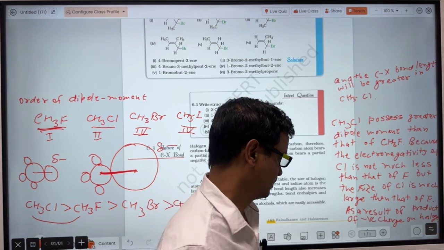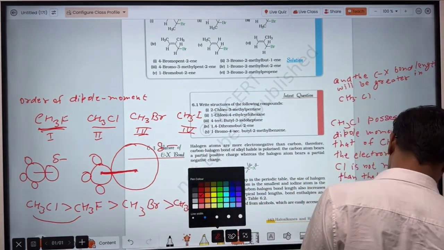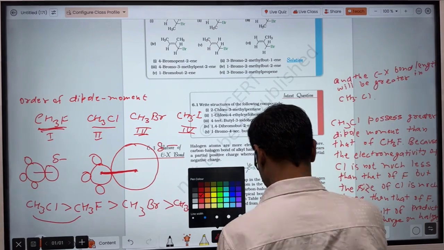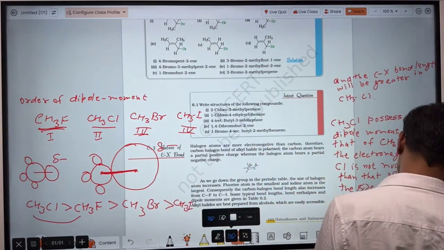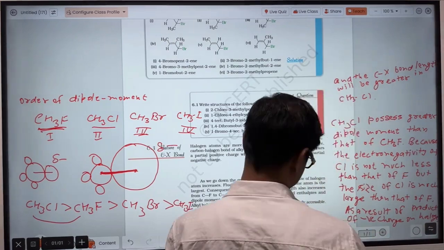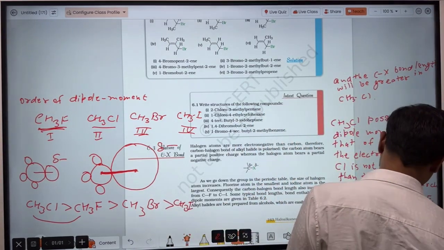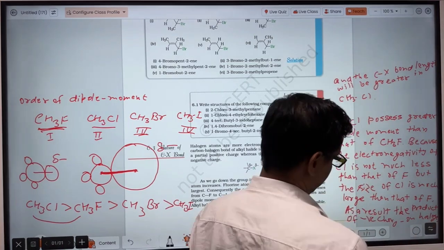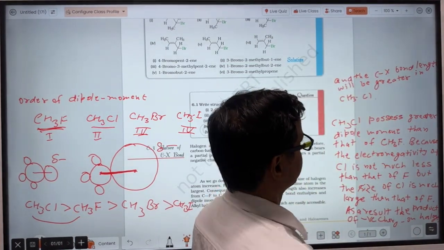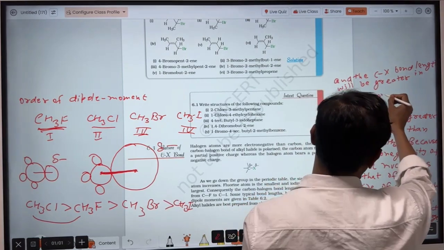As a result, the product of negative charge on the halogen and the C-X bond length will be greater in CH3Cl compared to that of CH3F.